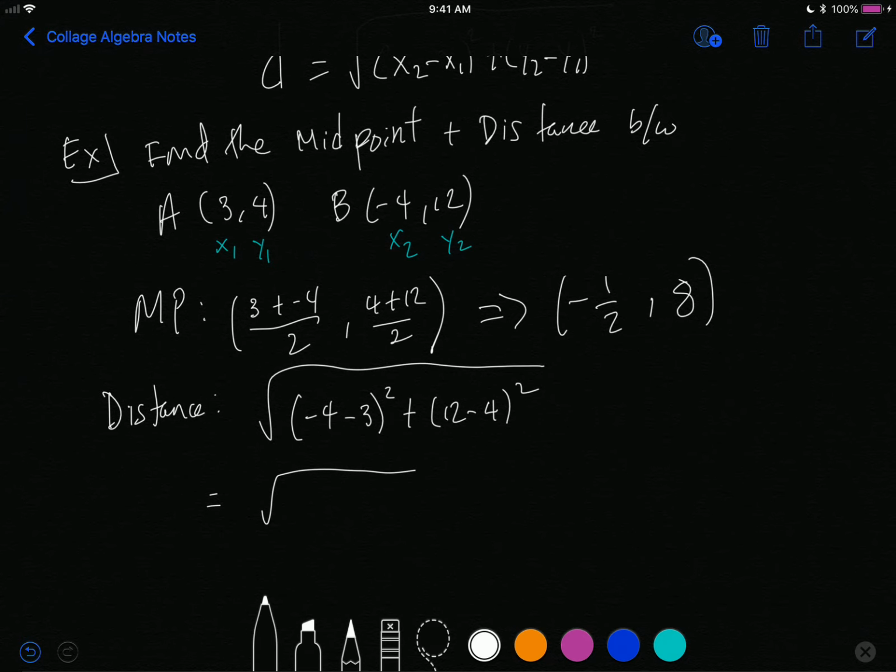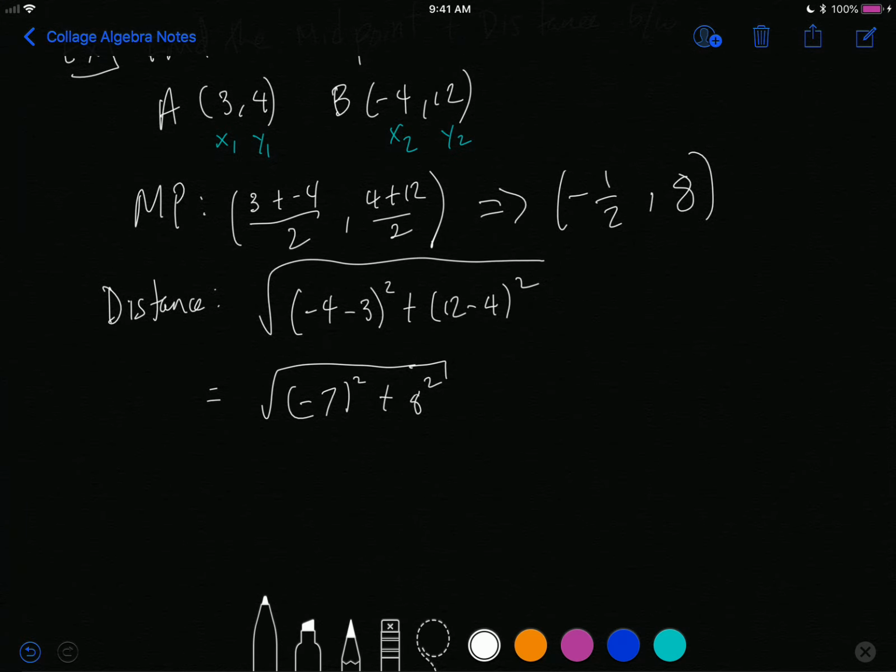So that's the square root of negative 7 squared plus 8 squared. And so that equals the square root of 49 plus 64. And so that's the square root of 113. That answer does not simplify, so you can leave it as is. And that right here is the distance between my 2 points.